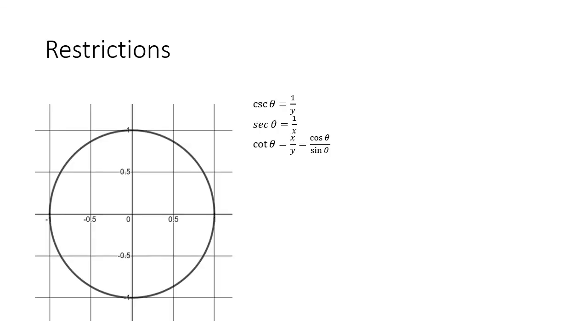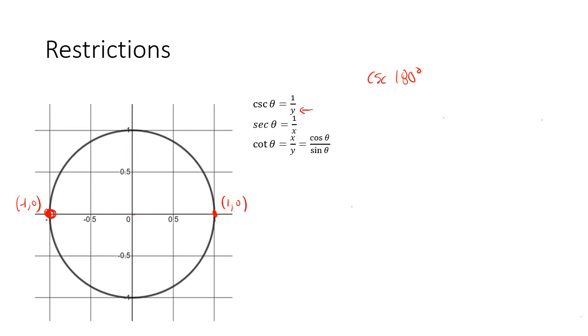And where does that happen? Well, looking at cosecant, we would have issues if y was 0. There are places on the unit circle where y equals 0, right here at 1, 0, and over on the other side at -1, 0. So at both of these situations, what about the cosecant of 180 degrees? Well, that's talking about this point over here.